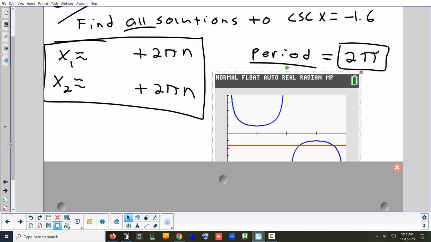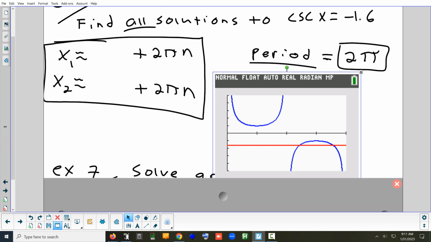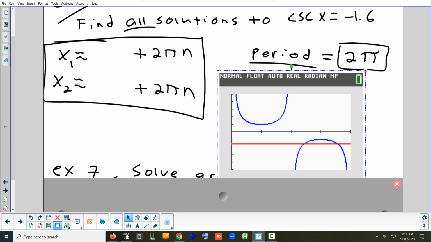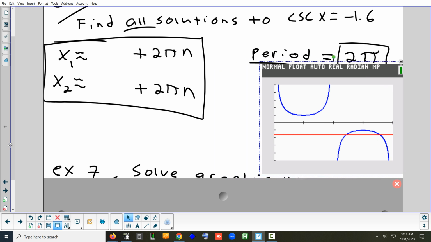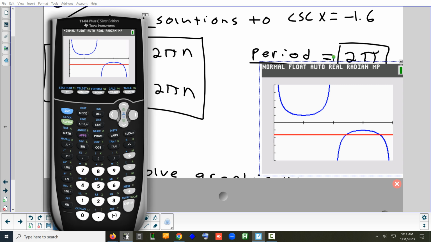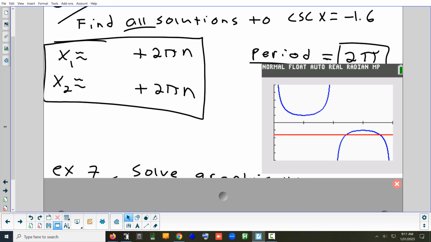Okay. How am I going to get these 2 answers? We've done this before on the calculator. Second calc, intersect. Can I just do second calc intersect? It does matter where you put your guess because you want to make sure you get the one on the left, and then the one on the right. So 3.82.